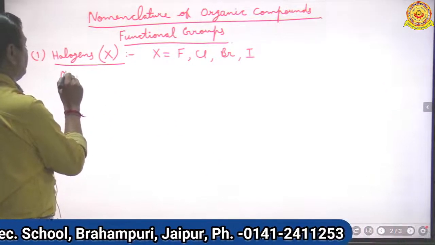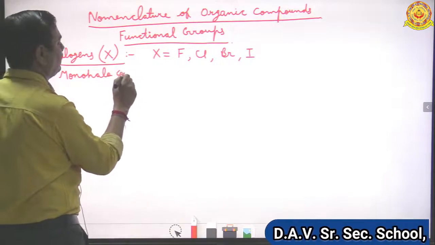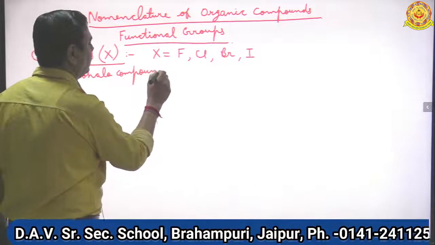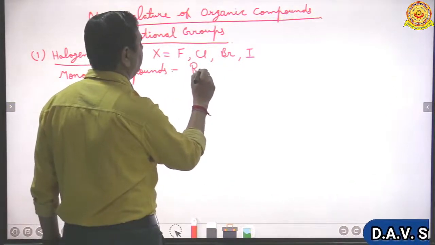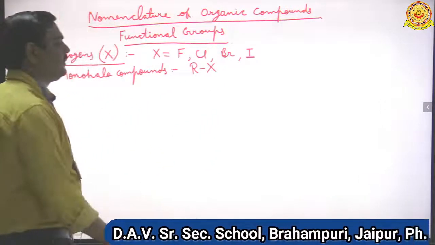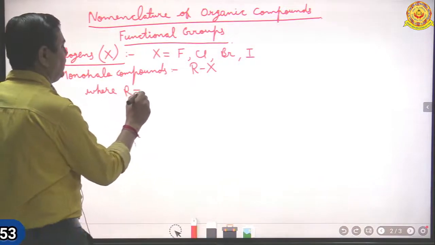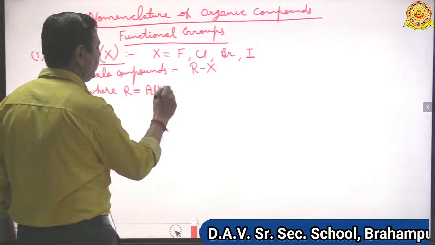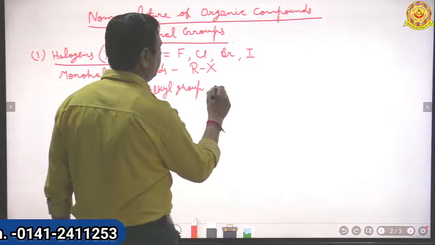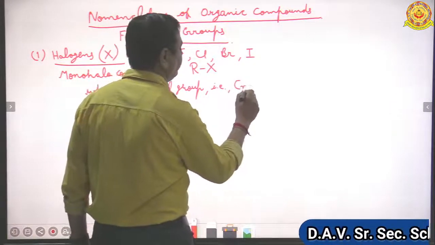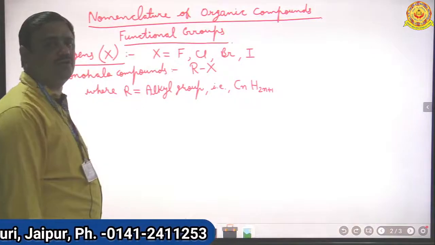For mono halo compounds, the general formula is RX, where R is any alkyl group, that is CnH2n+1.